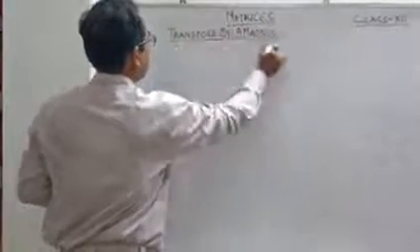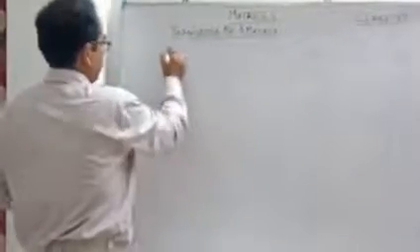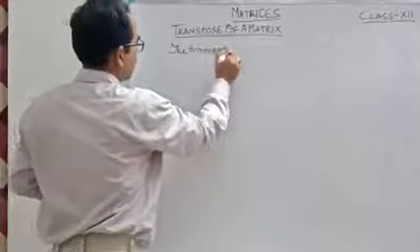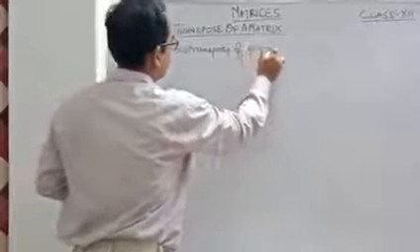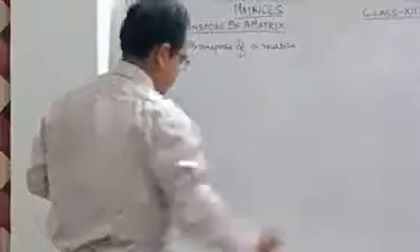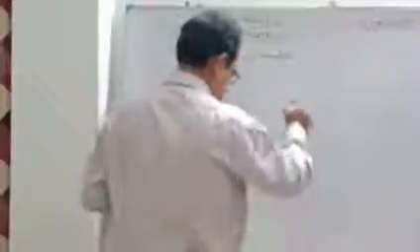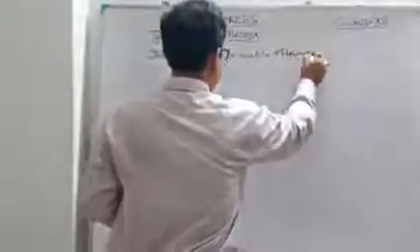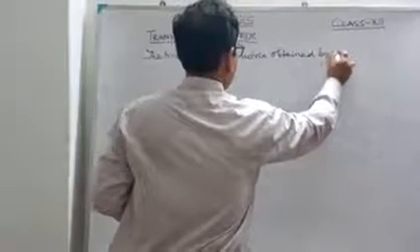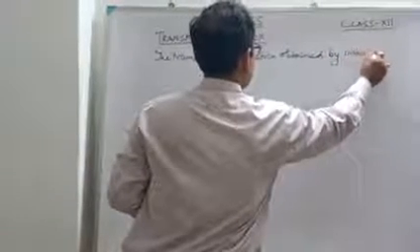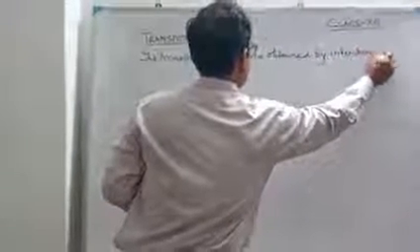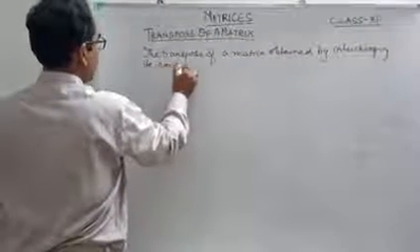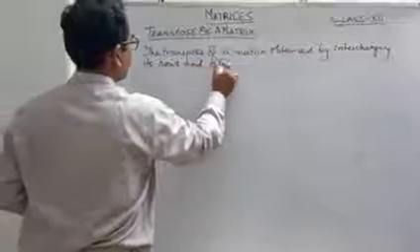Actually, what is the meaning of a transpose of a matrix? The transpose of a matrix is obtained by interchanging its rows and columns.